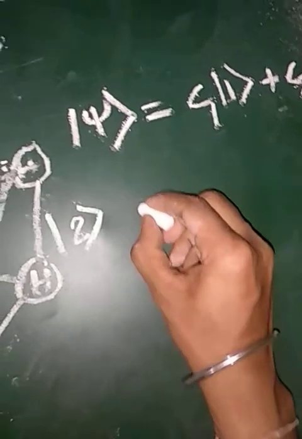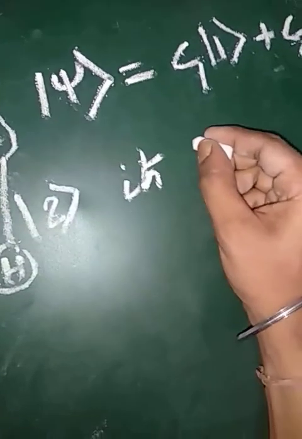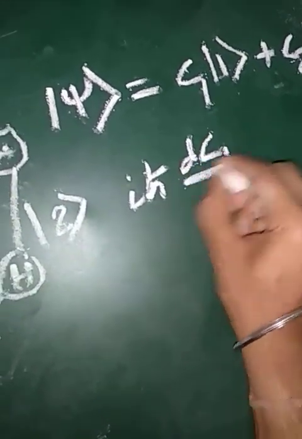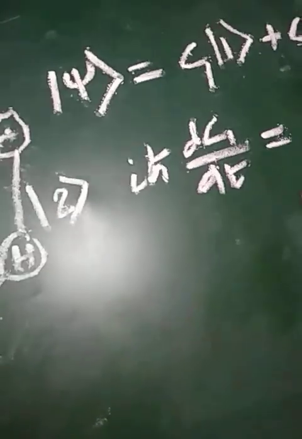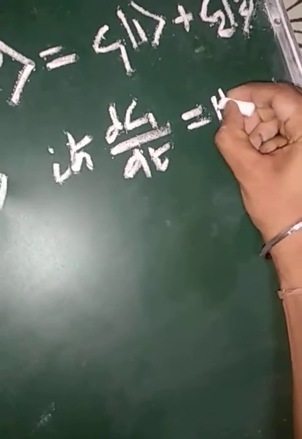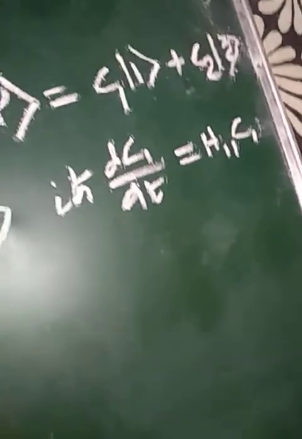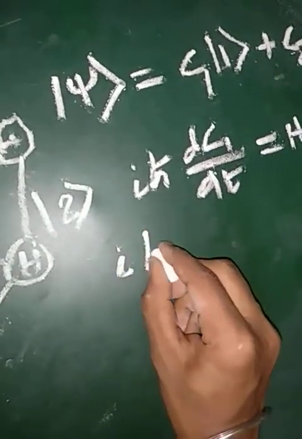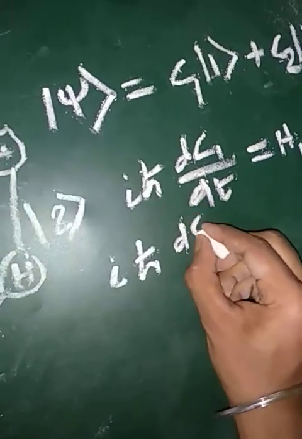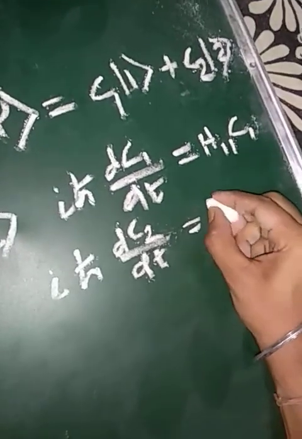Then we can write the equations that lead to the Hamiltonian matrix, i h cut dC1/dt is equal to, we don't consider leaks here, hence we can write H11 C1. This is actually an equation where you consider stationary state. So this is in one stationary state, this is in another stationary state. For the other, we write a similar equation, i h cut dC2/dt will give us H22 C2.